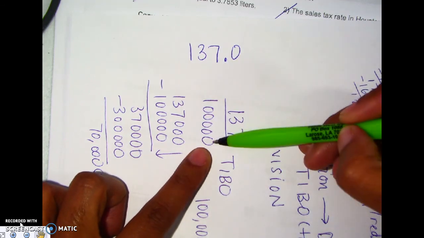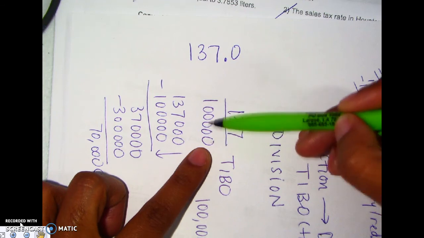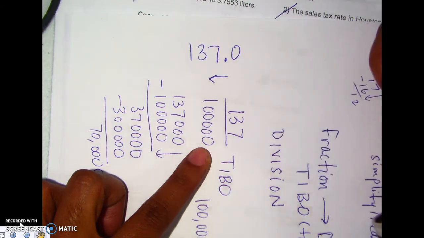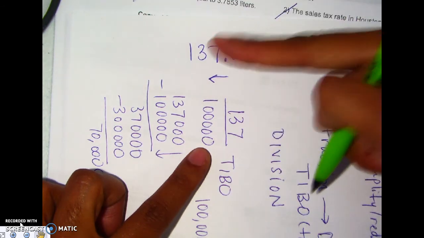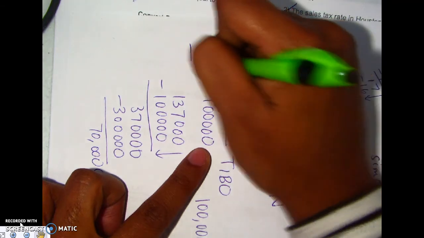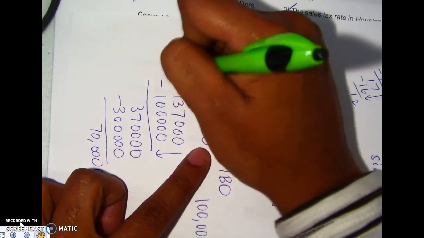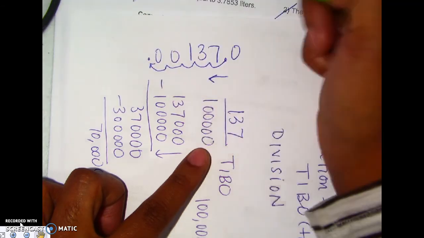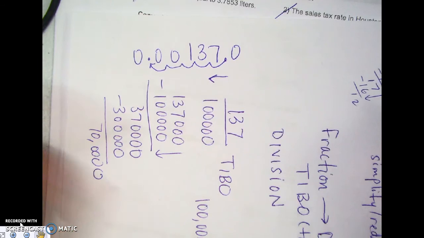So I'm going to count how many zeros are in here. There are 1, 2, 3, 4, 5 zeros. So I'm going to swing forward, because when I swing a decimal to the left, it's going to make my number smaller. So I'm going to swing 1, 2, 3, 4, 5. Right here I'd put a decimal, then I would just add in those zeros. And so there's the final answer too.